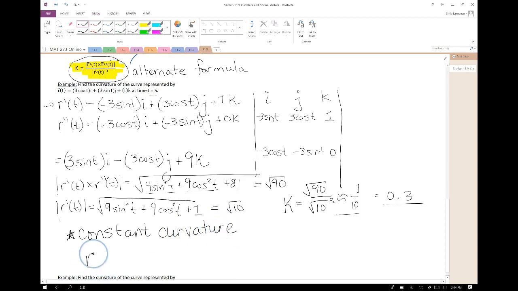And the radius of that circle that we can draw tangent to our curve is 1 over the curvature. So 1 over 3/10 is 10/3, or 3 1/3. So we never had to use the t equals 5 in this problem, and that means that we have constant curvature.